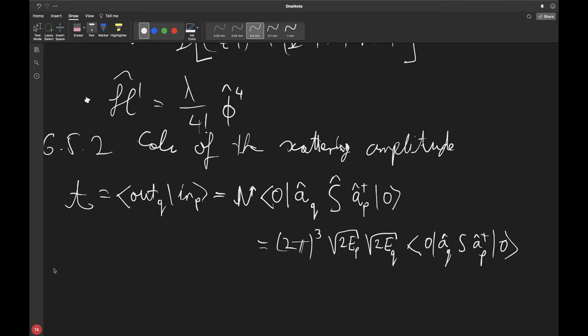The next step is that we are going to use the Dyson formula. 6.5.3 is the Dyson formula applied.